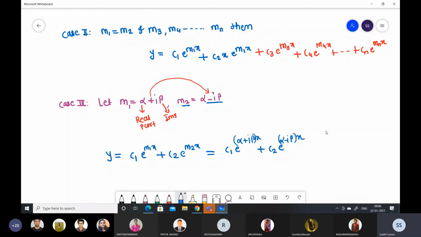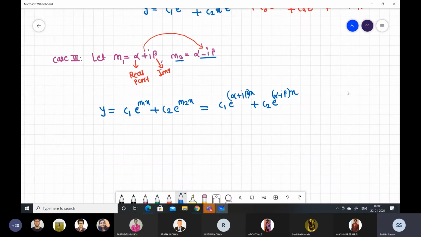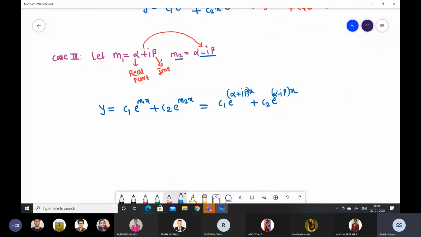Now it is a very strange term we have here, e to the power alpha plus i beta. Can we solve it further to get a simplified form? For that purpose I'm going to use two important things. Let me write them here.